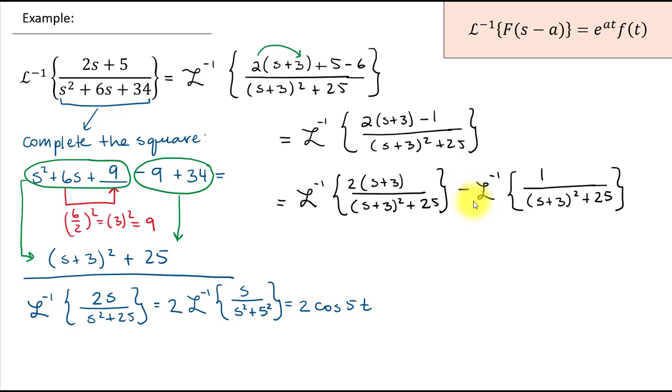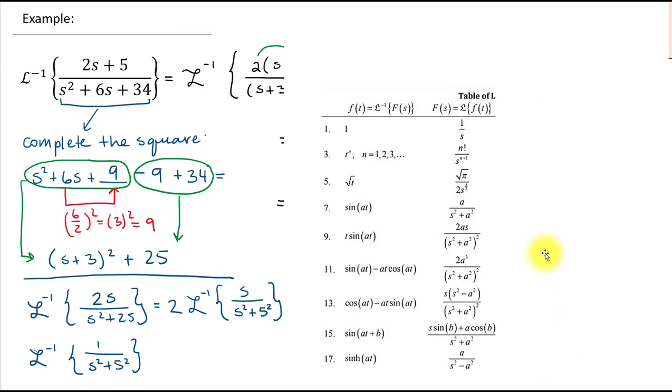And for the second inverse Laplace transform, again, if I rewrite this function as the original not translated or shifted function, it's going to be the inverse Laplace transform of 1 over s squared plus 5 squared. By looking at the table of the Laplace transforms, I can see that this is very close to the sine function. The only thing is that I have to have a in the numerator.